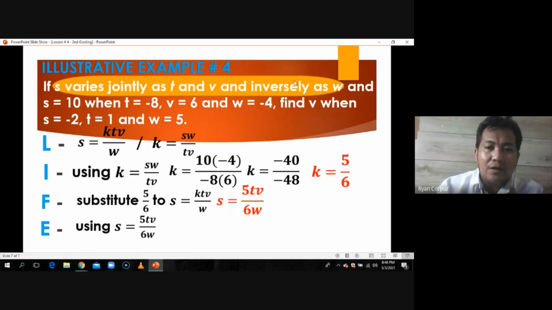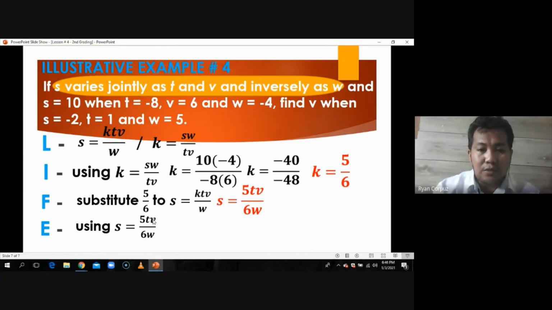So sabi dito, find V when S is negative 2, T is 1, and W is 5. So V is what we're looking for. Even though it's not equated into V, this equation that we formed in the third step is very useful in order for us to find out what is unknown in the problem.